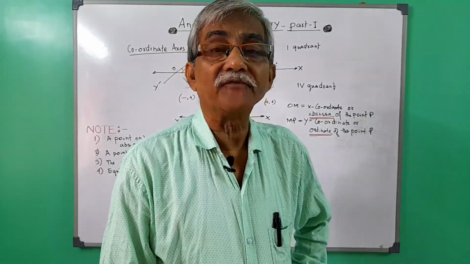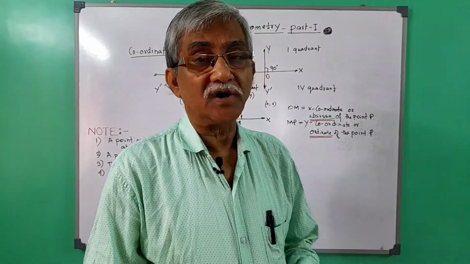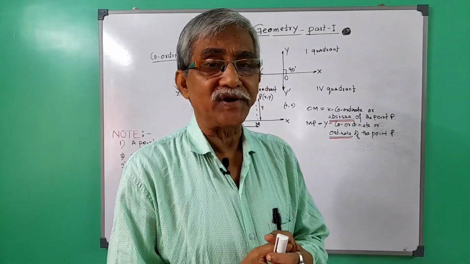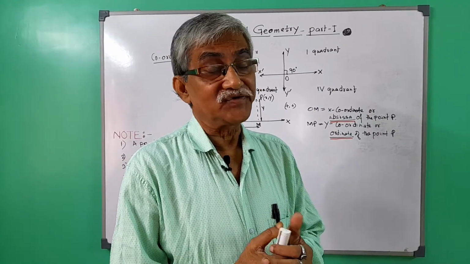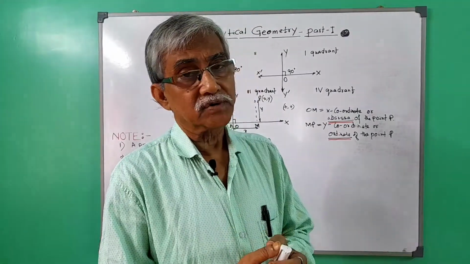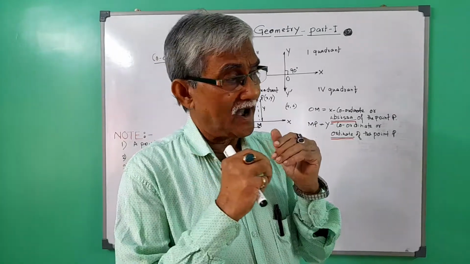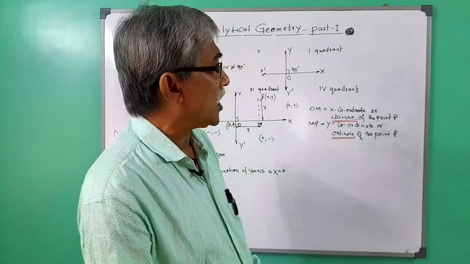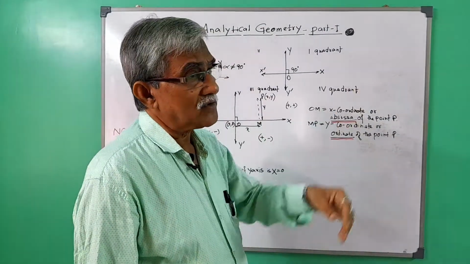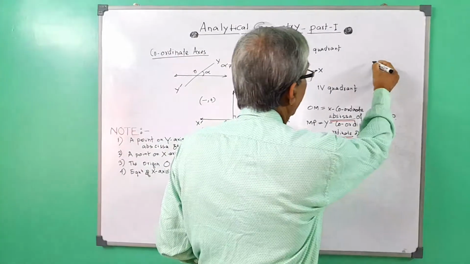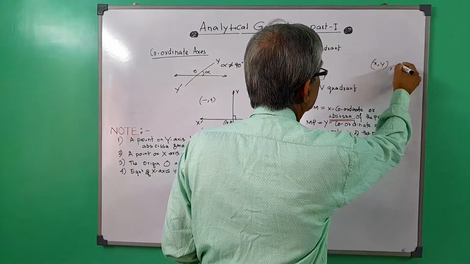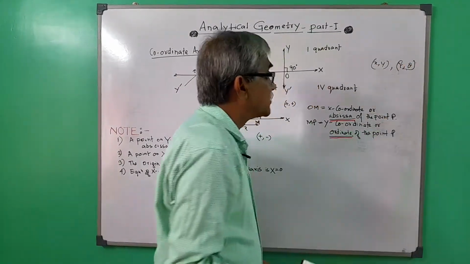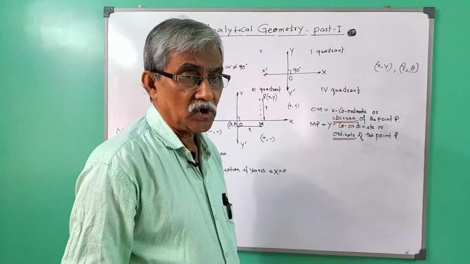philosopher and mathematician of France, Rene Descartes, published a book, La Géométrie, in 1637, in which he tried to locate the points in terms of coordinates like x, y, r, theta, etc. These are said to be the coordinates of the points.